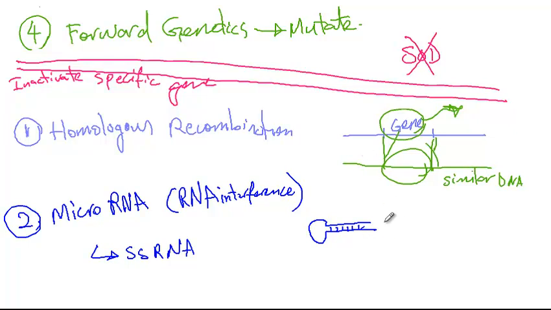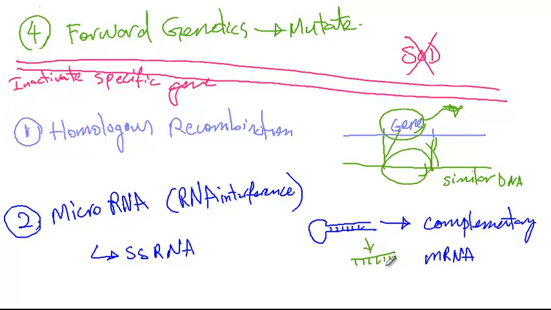And this double-stranded RNA will go and find its complementary mRNA sequences and cause their digestion. So if you have another mRNA sequence right here that has a complementary sequence to this single-stranded RNA, it will be destroyed. It will be cut at different places.